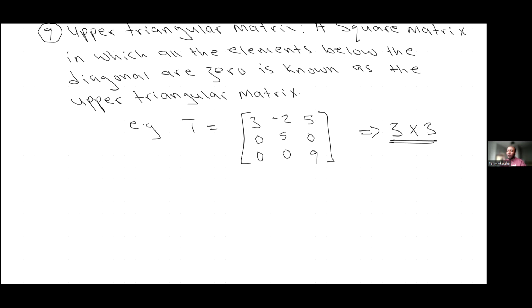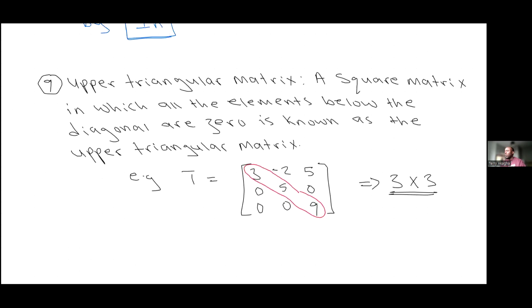If you look closer, this is the diagonal or the leading diagonal of this matrix. You were told that all the elements below are 0. If you look at all the elements below the diagonal, you see all are 0. And that is why it's called an upper triangular matrix.